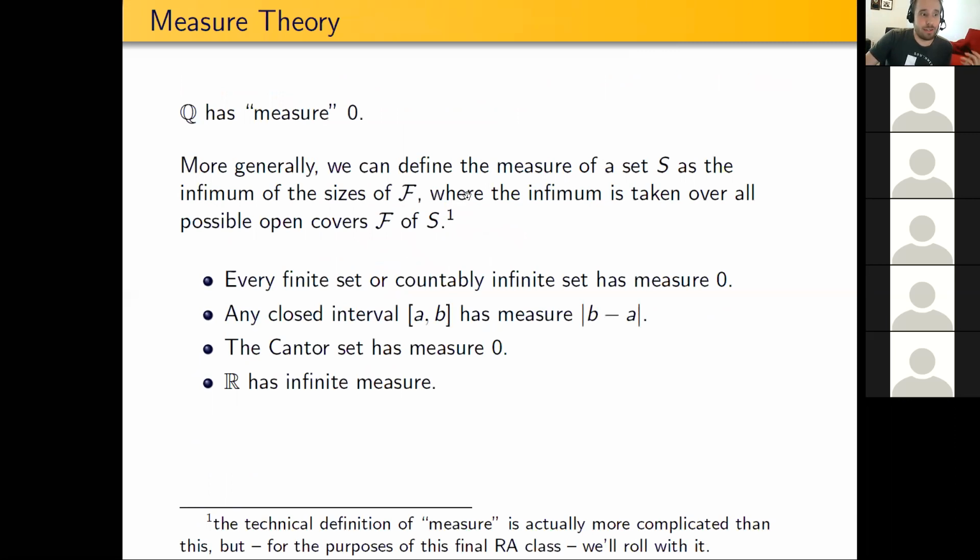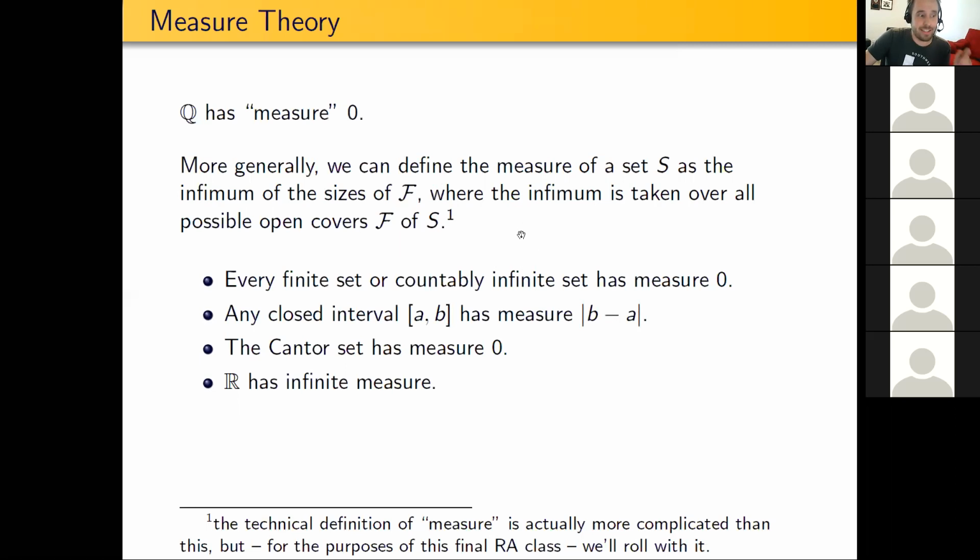And more generally, we can define the measure of a set as the infimum of the sizes of these open covers. Notice the footnote. This is actually not totally true. The technical definition is more technical, but for the last day of real analysis, it's fine. It's close enough.